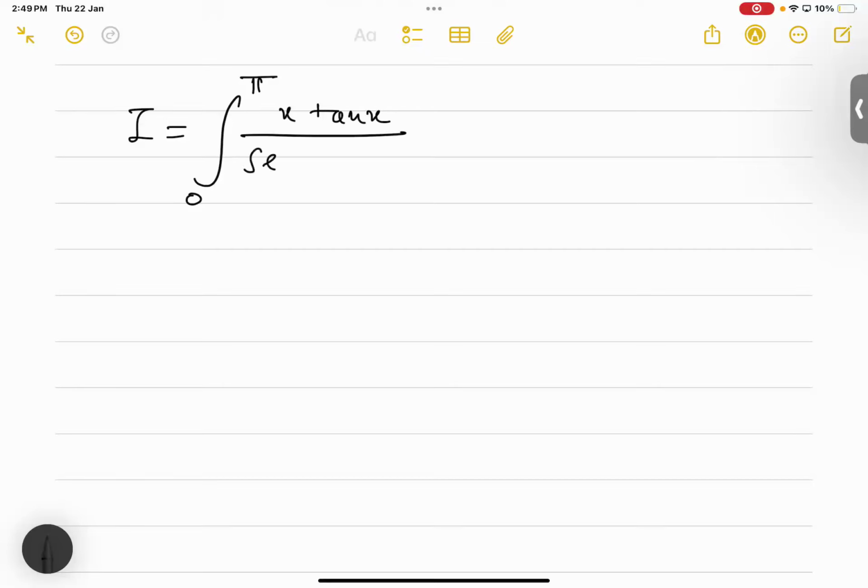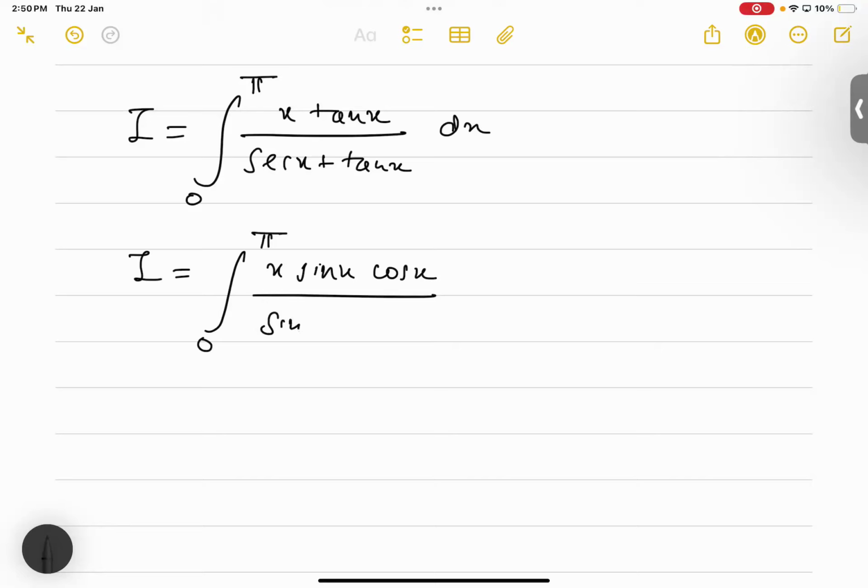x tan x, sec x plus tan x dx, x sin x cos x. Okay, one second. This we will solve. And 4x sin x.